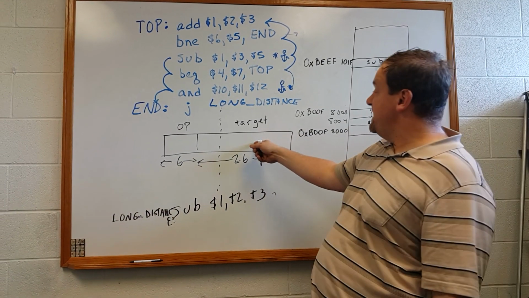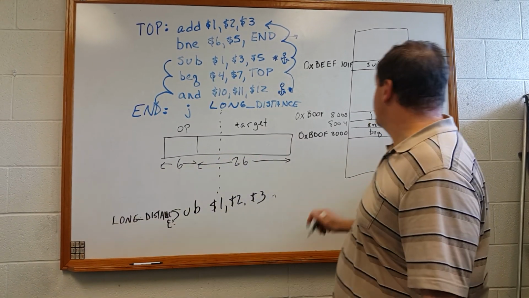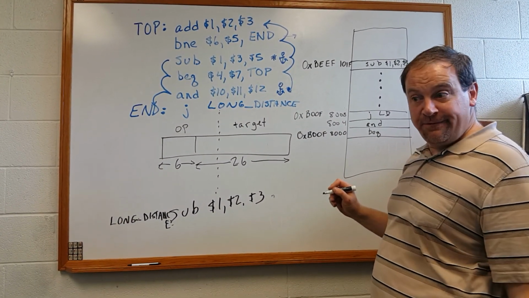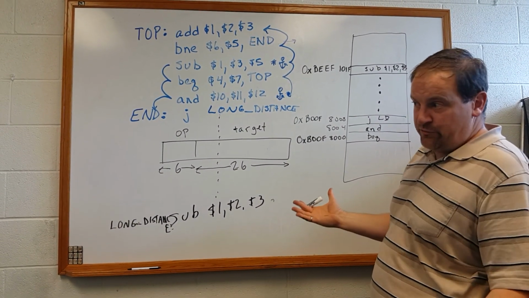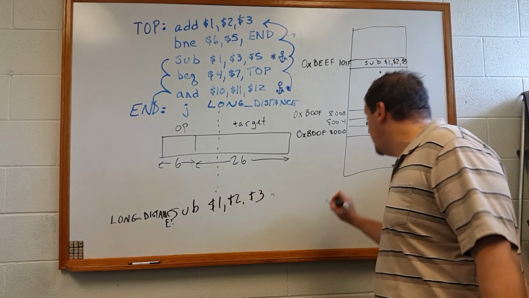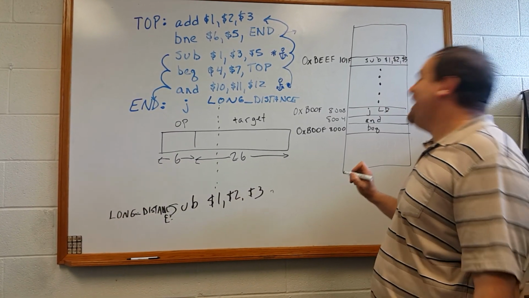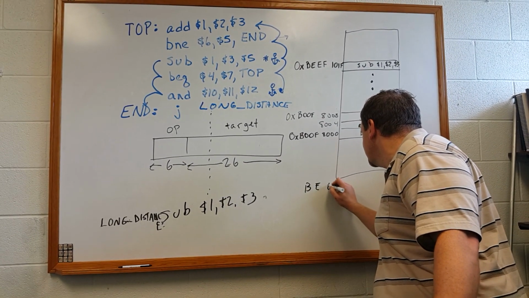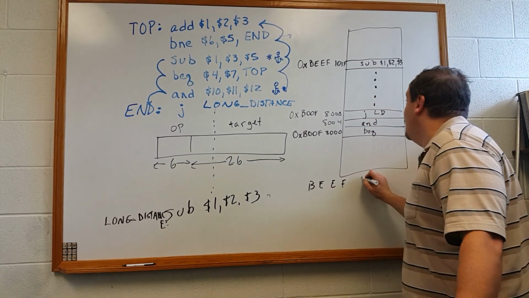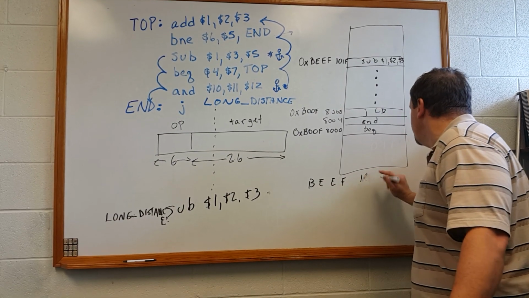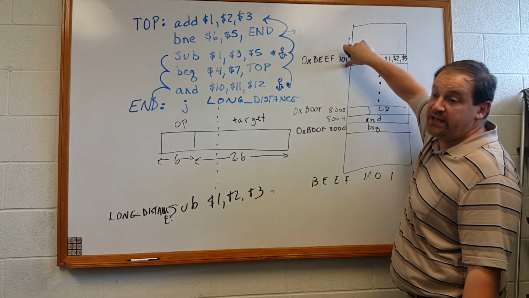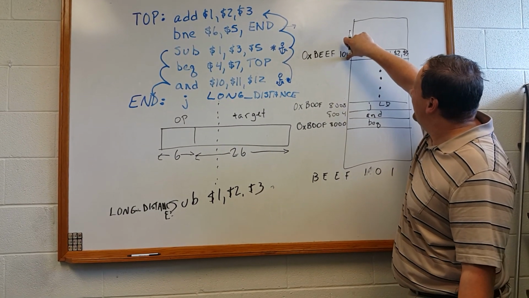What goes in these 26 bits? BEEF 101F is stored as a binary number. So okay, BEEF 1, I've got to leave me some space, 0, 1. Oh, did I put an F here? I should get an F for this example.